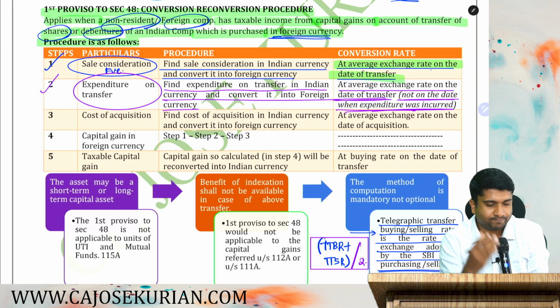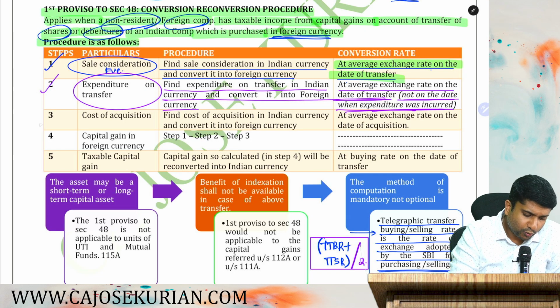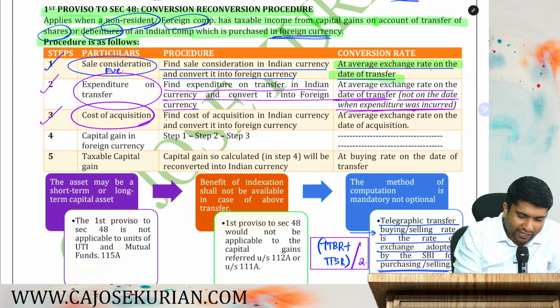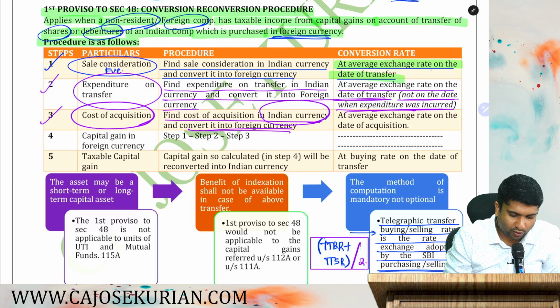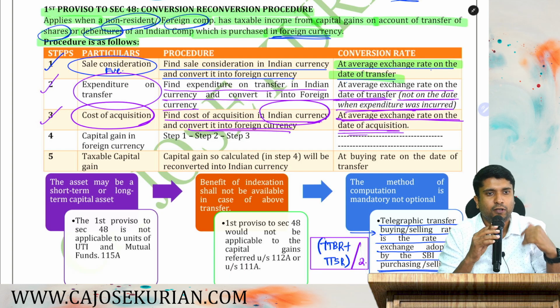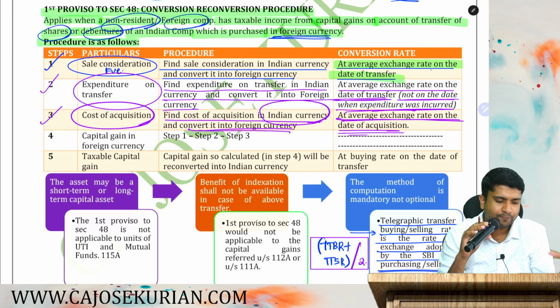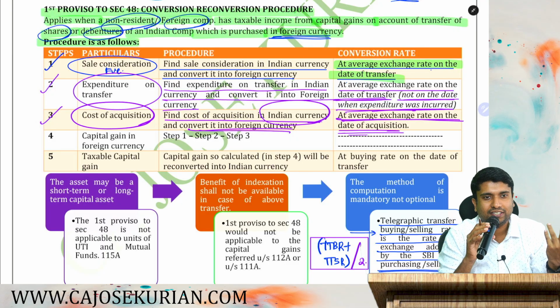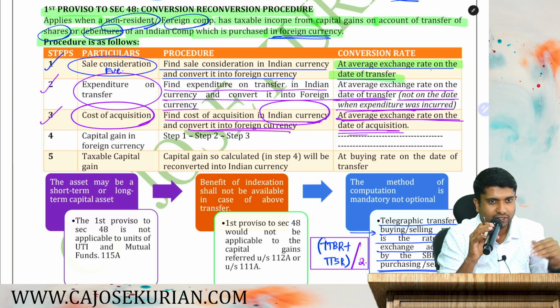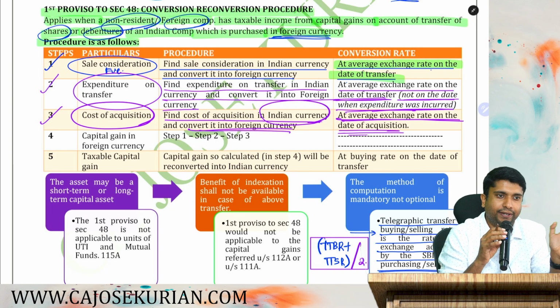Are you with me? Now, you will be having cost of acquisition. If that is given in Indian rupee, convert that also into foreign currency. On what rate? Average exchange rate as on date of acquisition. That means date of purchase. You need to convert the cost of acquisition into foreign currency at the average exchange rate as on date of purchase. There won't be any cost of improvement.